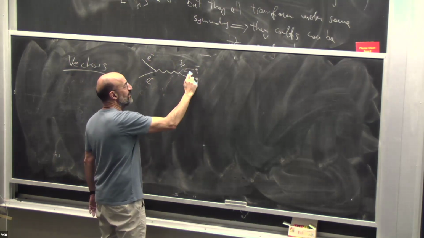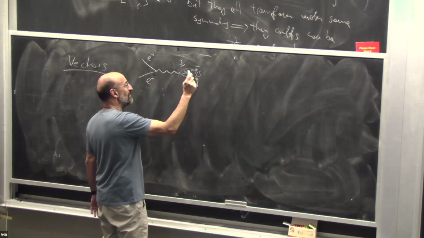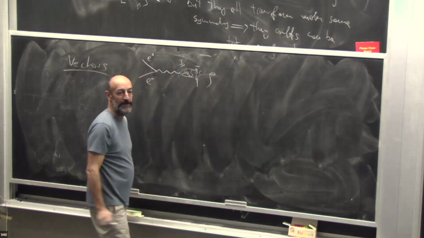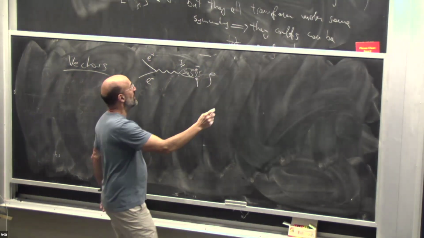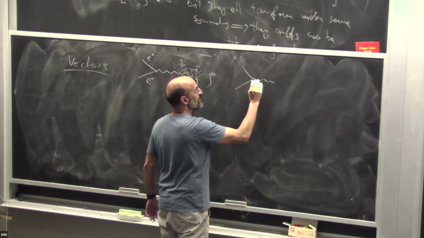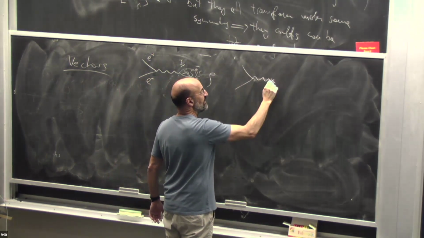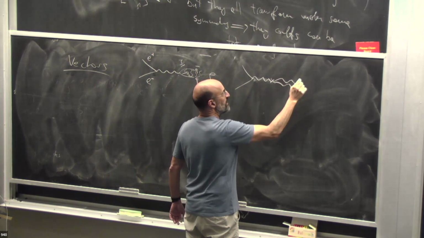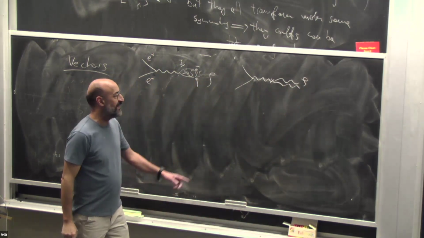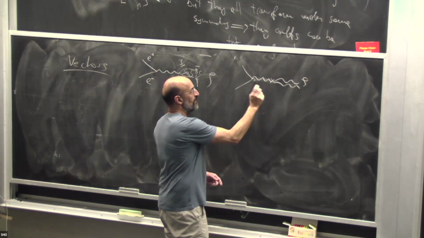The q q-bar bind together and a rho comes out. You can view it pictorially like this: there's a photon exchange and there's a mixing with the rho meson, and the thing goes through.